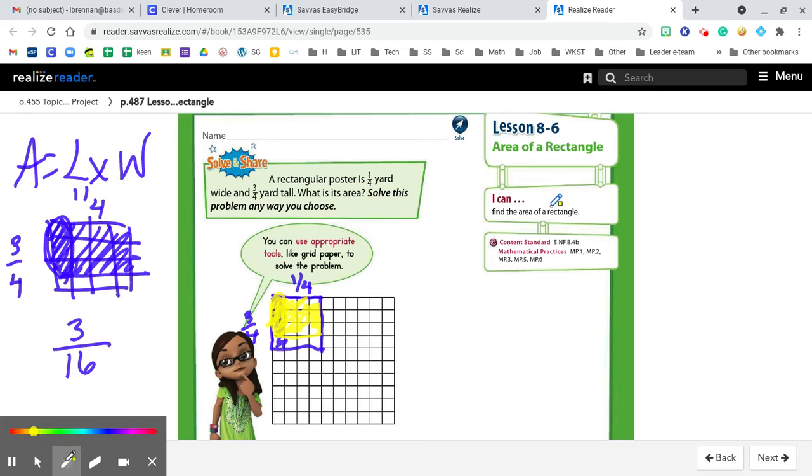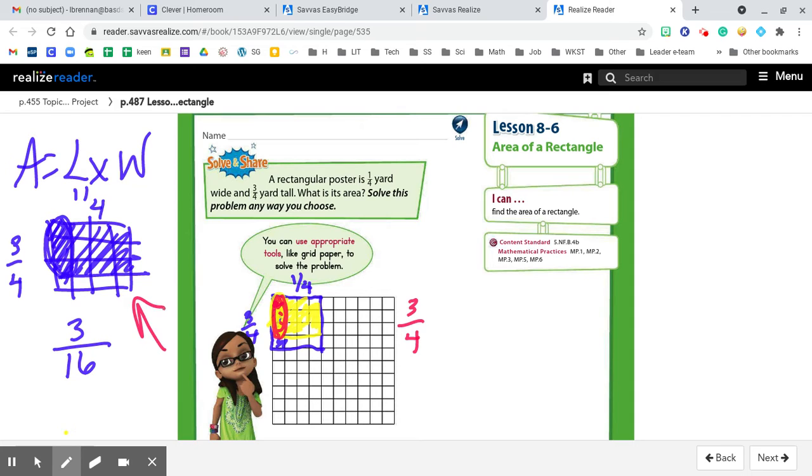There's our overlap. I'm going to change my color a little bit here. My overlap is 1, 2, 3 boxes, 3/16. So you can use graph paper instead of drawing a little shape off to the side, if you'd like to use a model to show multiplication and to find the area of a rectangle.